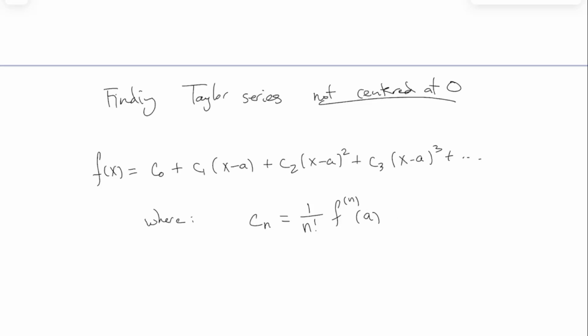Usually we use a equals 0, which makes all the formulas a little bit easier, but you can do it with other values of a, and I thought we should do at least one of them like that.